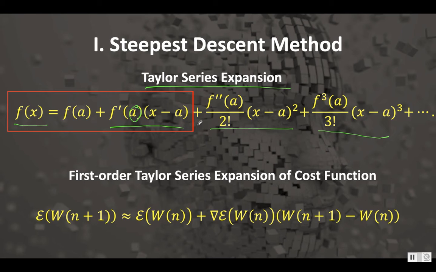In the steepest descent method, the cost function is updated using the first order Taylor series. Here, the cost function epsilon of w(n+1) is equal to the cost function from the previous training sample w(n), plus the gradient of the cost function multiplied with the difference of w between n+1 and n.